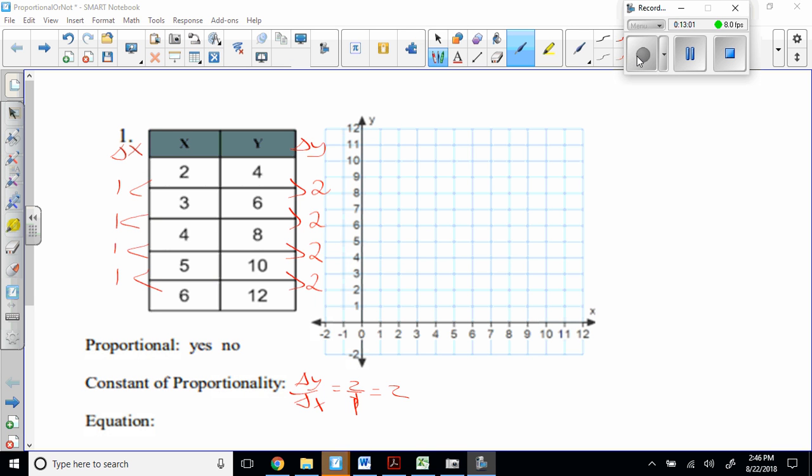But I'm going to put 2 over 1 right there, and the reason is it's showing that it is a unit rate. So, is it proportional? Yes or no? How do you know?